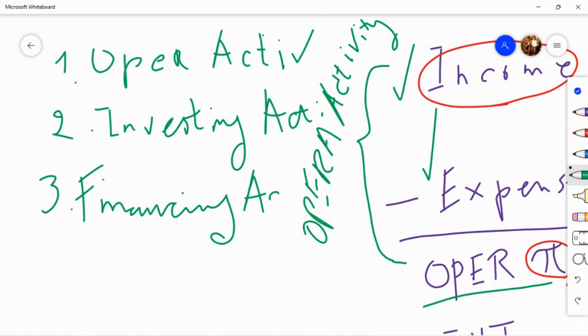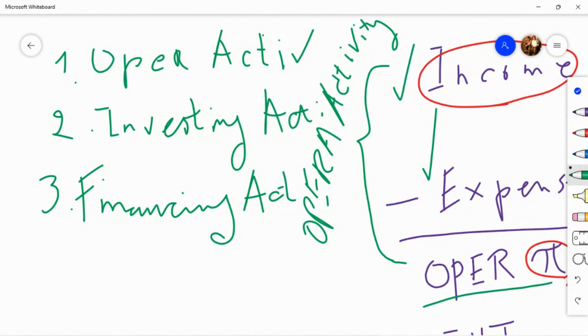All businesses engage in these three activities, and operating activity is the most fundamental, because all businesses have to sell something and they must make profit. The only exception is nonprofits. Nonprofits don't necessarily pursue maximum profit, but they still need some profit. The goal of any business is to maximize profit.